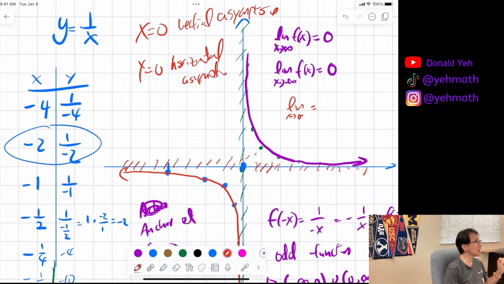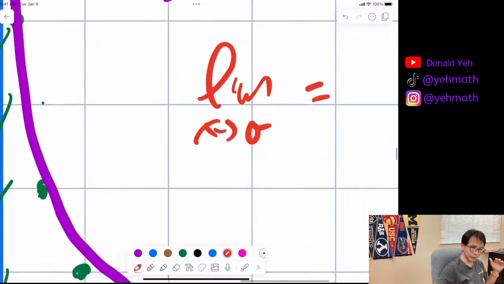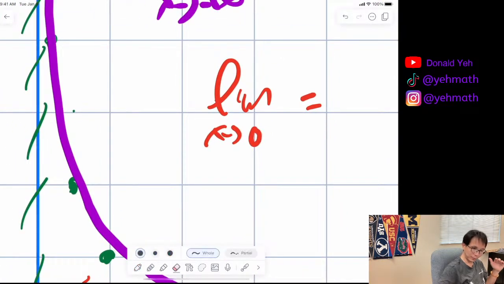It's negative. So 0 from the left is 0 minus. It looks like an exponent, but it's called a superscript. Superscript means a little bit above, not in the middle. So if you look here, it's 0 from the negative. It looks like an exponent, but it's not an exponent. That means 0 approached from the left side.